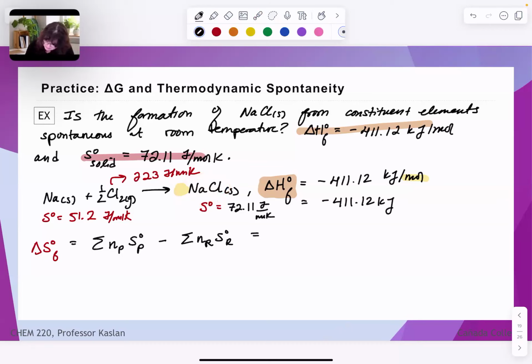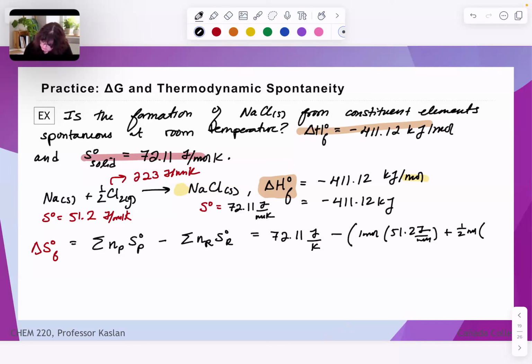So that's going to be 72.11 joules per Kelvin, because I have an implied 1 mole. Minus, for my sodium, that is 1 mole times our 51.2 joules per mole Kelvin. Plus for the chlorine, this is where we have that 1/2. So this is 1/2 a mole times our 232 joules per mole Kelvin.